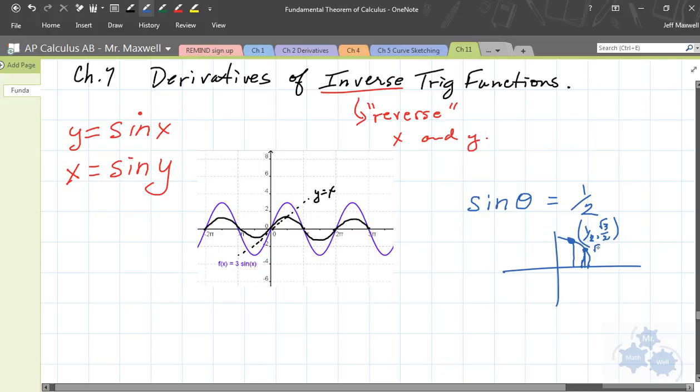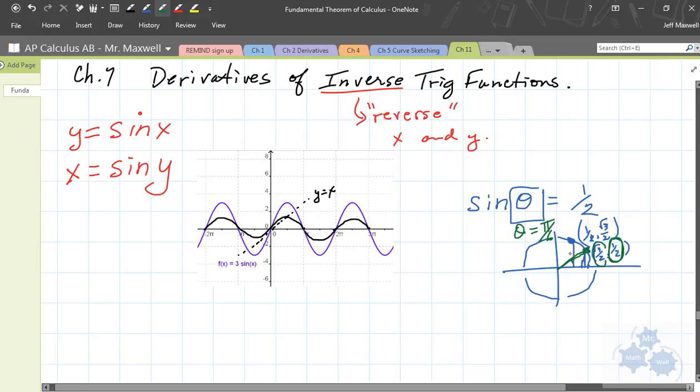So this is going to be √3/2, 1/2. And if you don't know what I'm doing here, I'm talking about the unit circle, you might want to go back and review pre-calculus 30 when we talked about that. But the angle that produces a sine value of 1/2 is this angle right here that corresponds to this point in the unit circle, because cos is the first value, and sine is the second value. And so what is this? This is going to be pi over 6. So theta equals pi over 6.